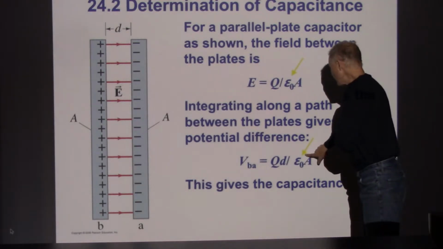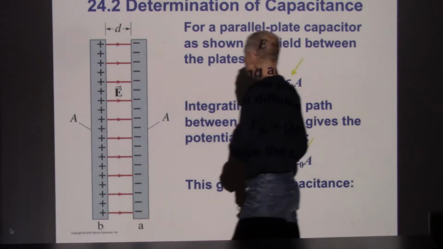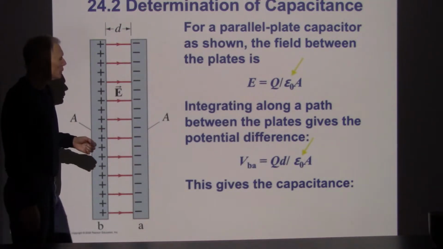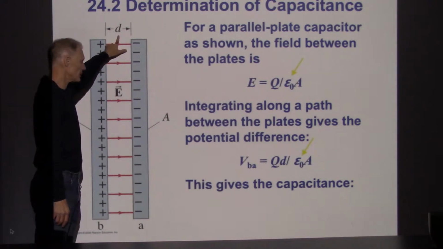And what can happen then is that we can solve for the electric potential. Back in chapter 23, we showed that the electric potential is given by E times D.